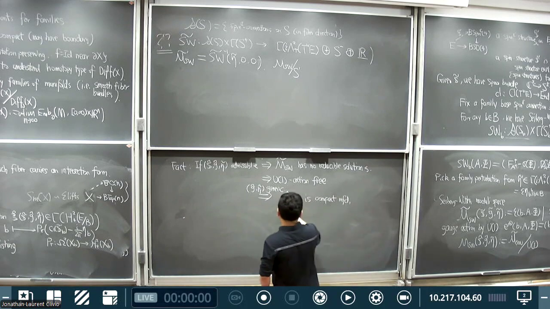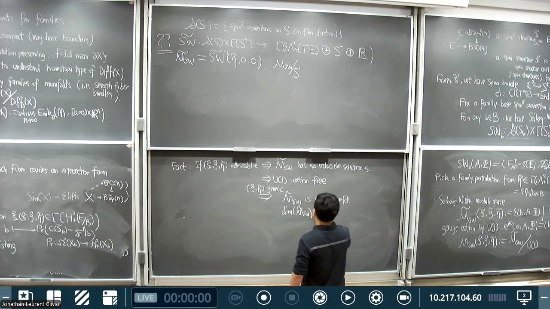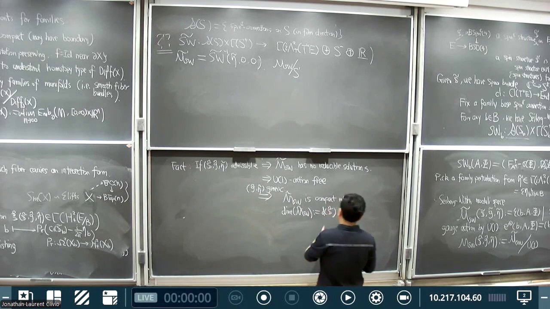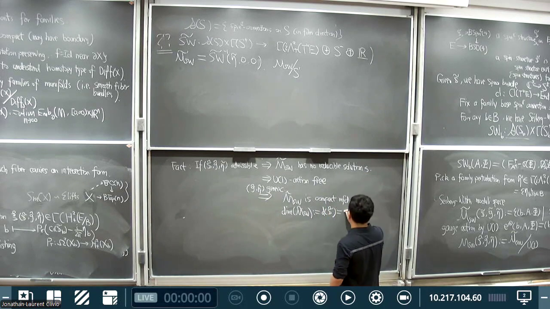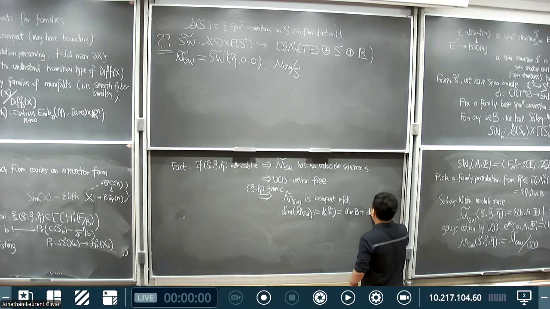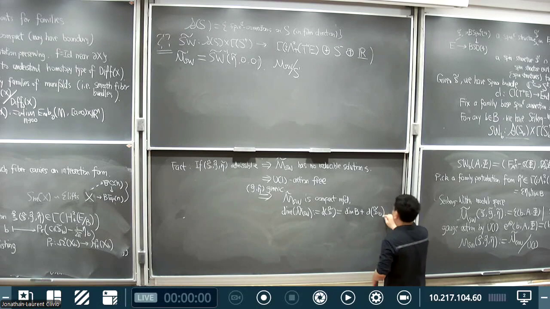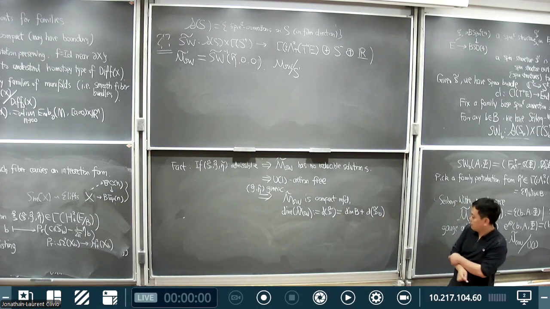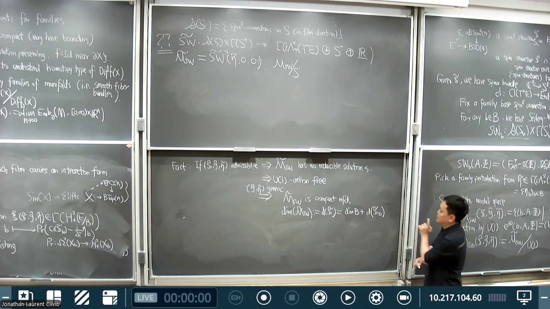The dimension of this moduli space equals the expected dimension, which is just the dimension of the base plus the expected dimension for the family cycle moduli space in a single fiber.